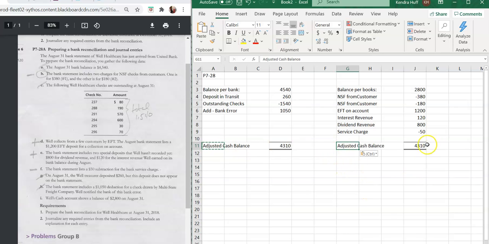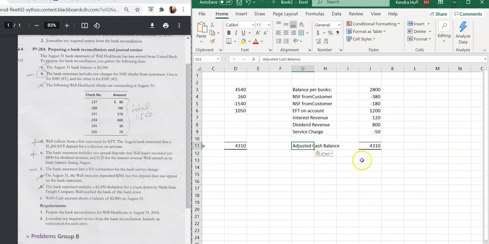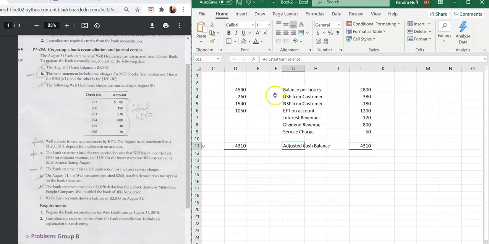All right, and then remember the one on the book side, this needs journal entries. So the journal entries for changes to book side.